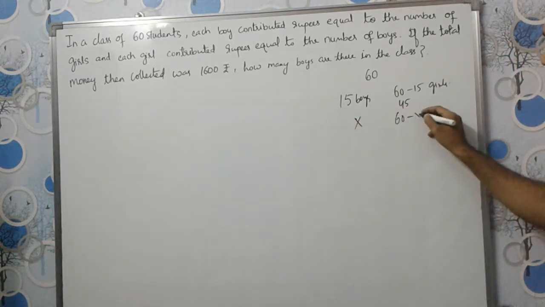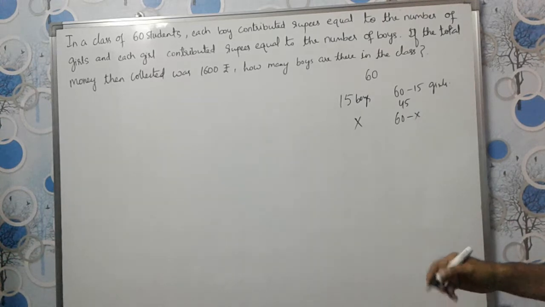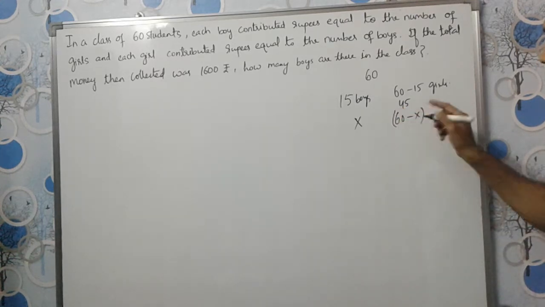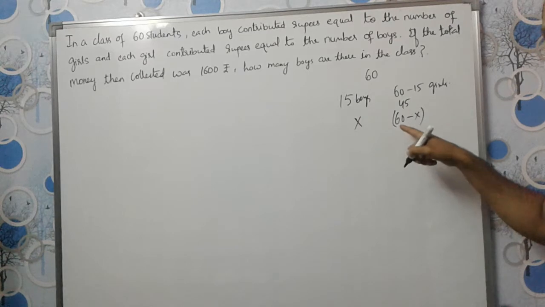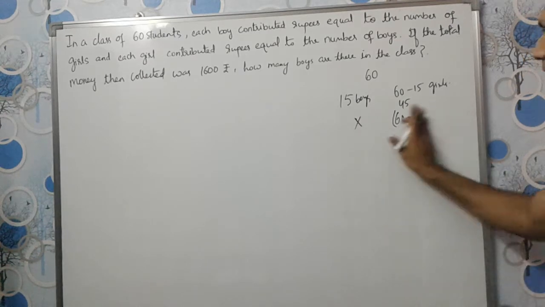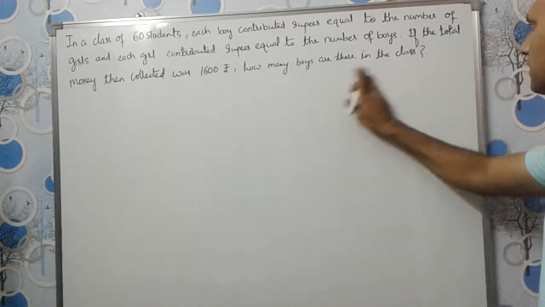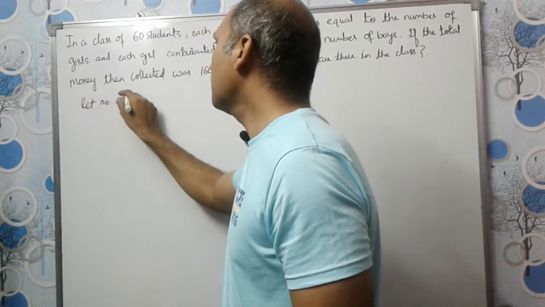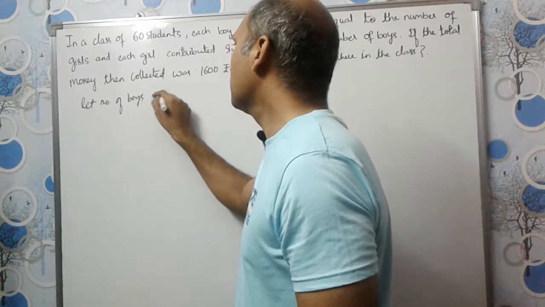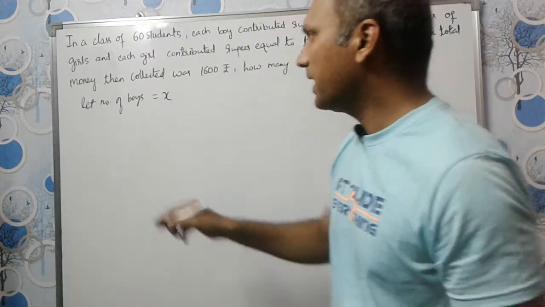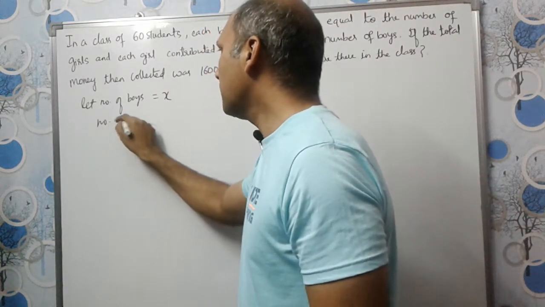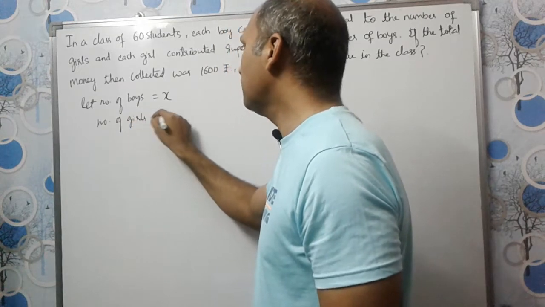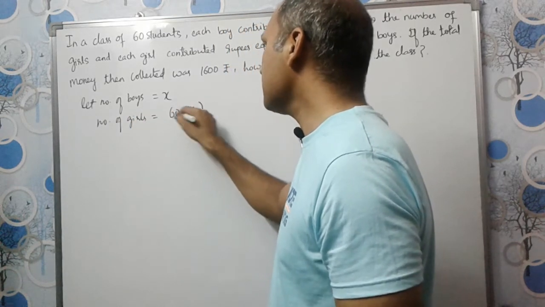So girls will be 60 minus x. I hope you understood why we are taking x and 60 minus x. Don't take x minus 60. So we should take 60 minus x. Let the number of boys be equal to x. Then the number of girls will be equal to 60 minus x.